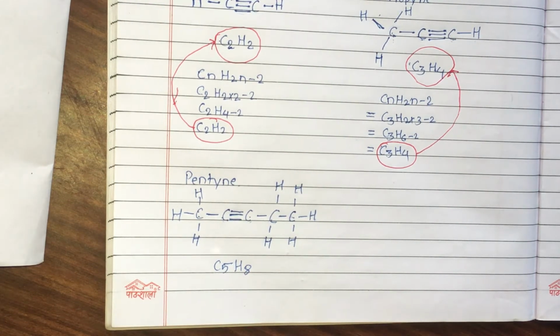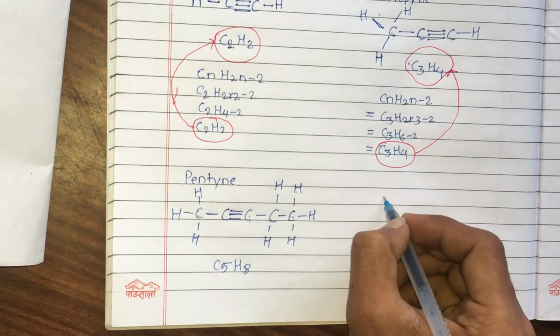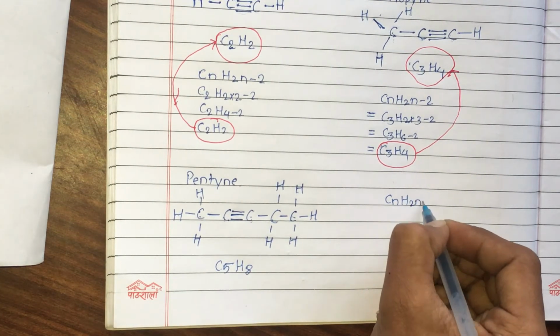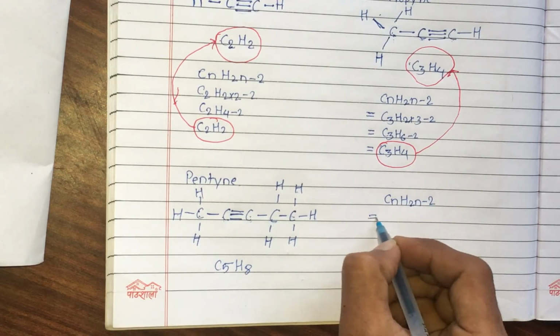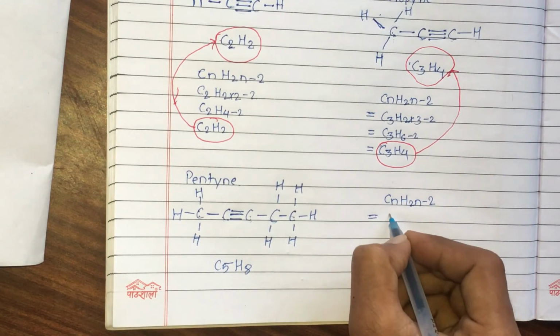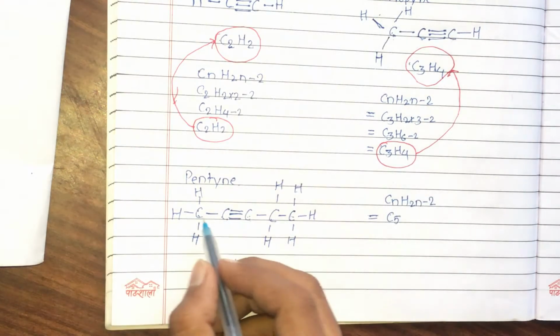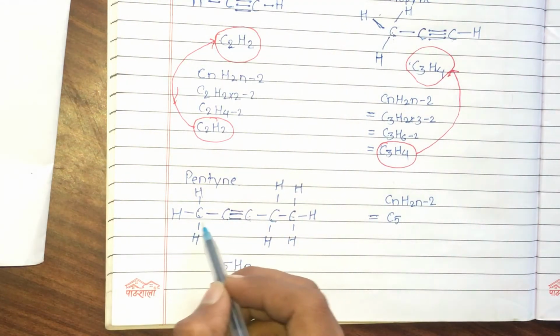Let's check it through the formula. Our formula is CnH2n minus 2, where n is the number of carbon atoms. Here the number of carbon atoms is 5.